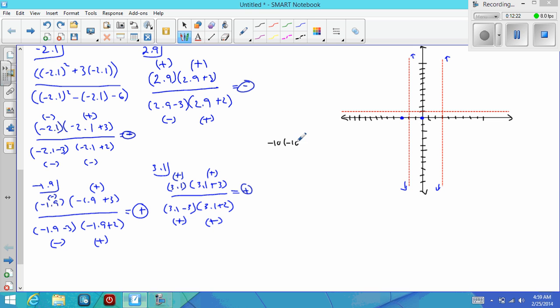Negative 10 times negative 10 plus 3 over negative 10 minus 3 times negative 10 plus 2. Negative 10 plus 3 is negative 7 times 10 is 70. Negative 10 minus 3 is negative 13. And negative 10 plus 2 is negative 8.